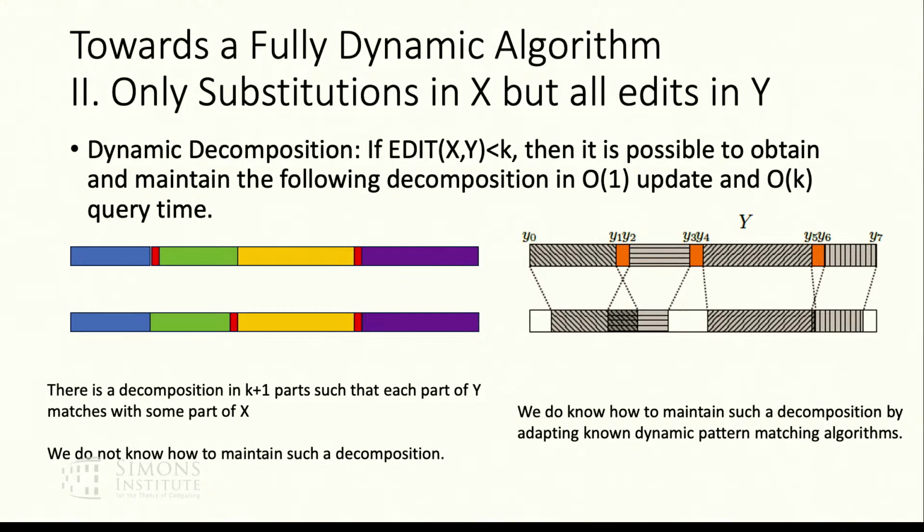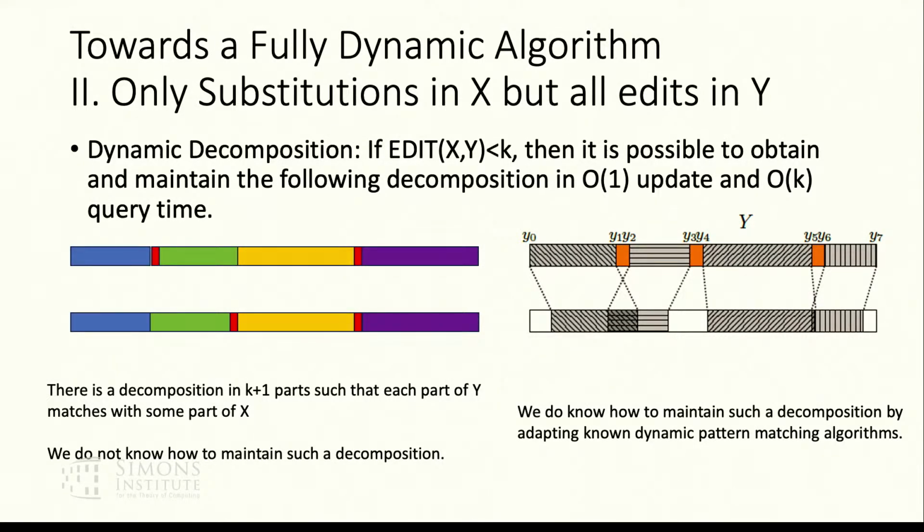To that, we have to bring in some more ideas. Ultimately, we are trying to understand whether edit distance is less than small k or greater than capital K, right? Now if your edit distance is less than small k, then in your X and Y there are k positions where edits happen, but beyond that there are k plus 1 segments which are exact matches.